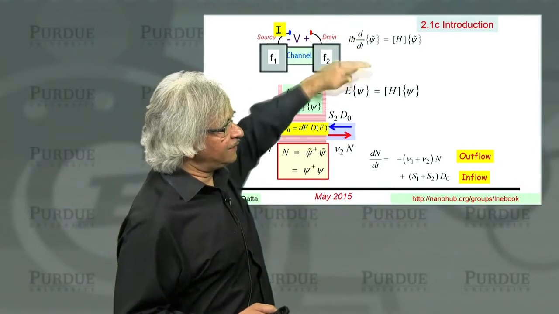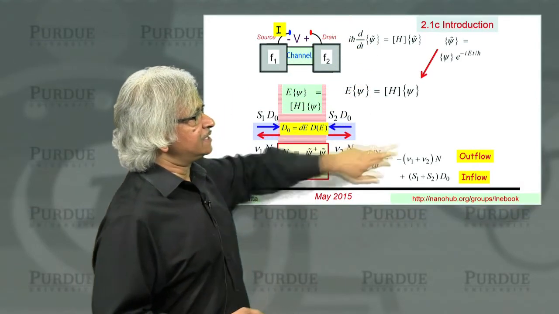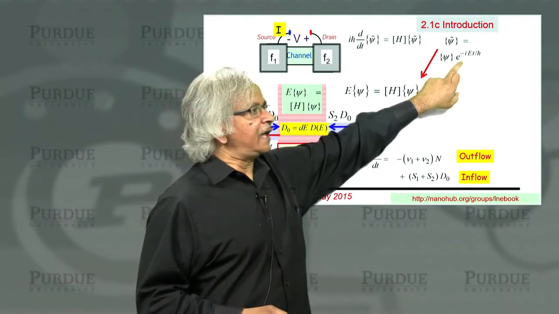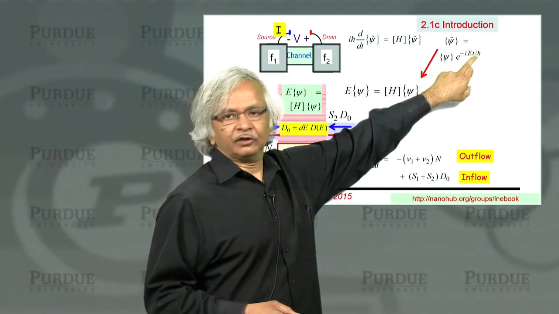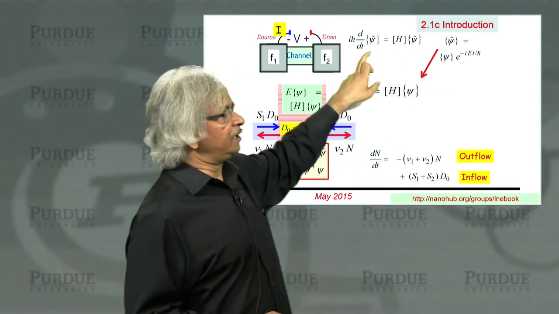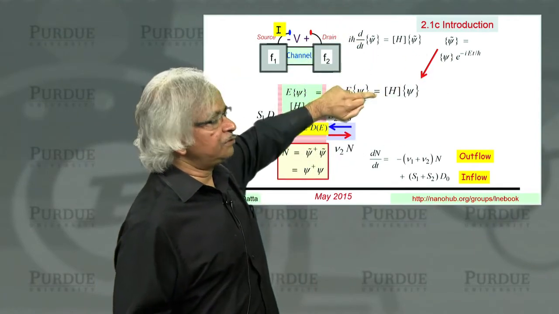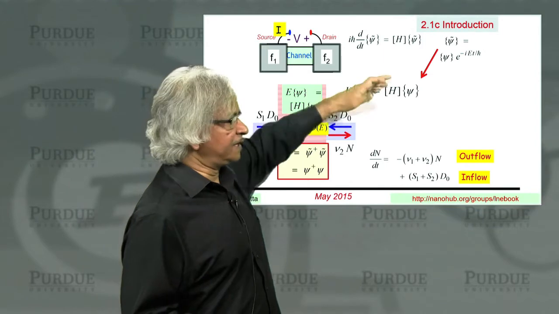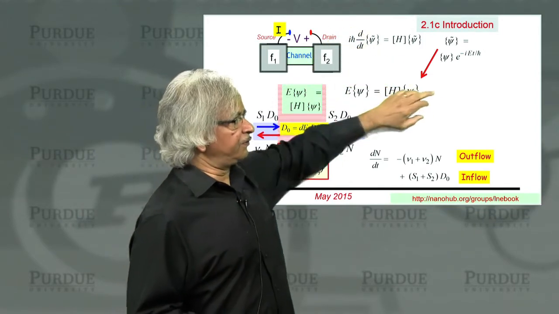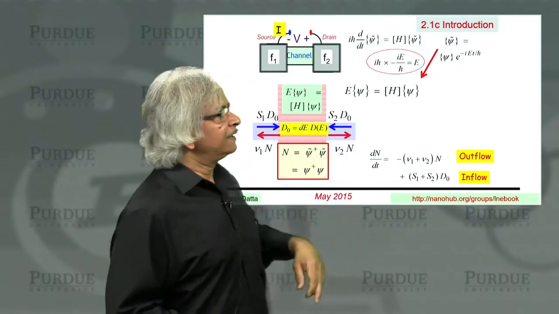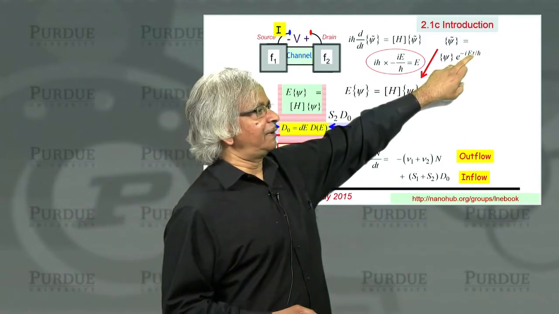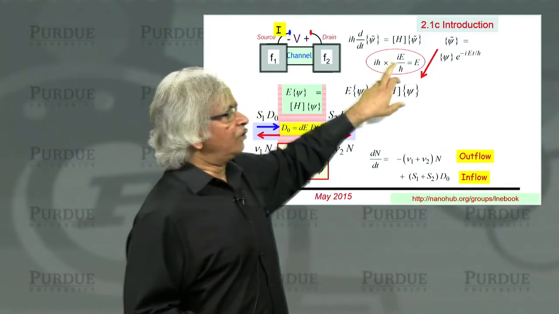And the connection between this and this is just that the psi tilde, the time-dependent one, is written as psi times exponential minus i E t over h bar. That is, if you take that form and substitute it in here, this equation will turn into that one. The reason is there's a d/dt, and when you take the time derivative of this exponential function, that's very simple, because the time derivative simply means multiplying by the exponent, minus i E over h bar.